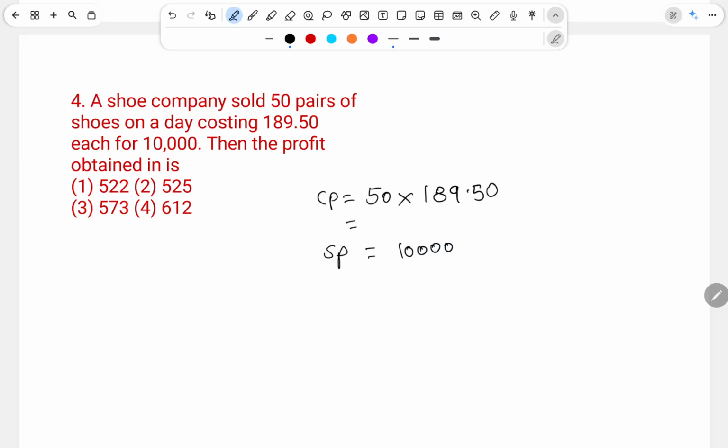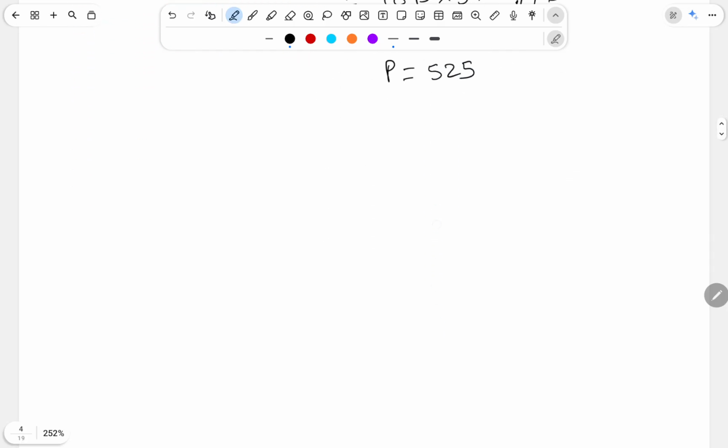Now how much will we get as CP? If 10 is there in 50, if I remove that, it can be written as 1895 into 5. 5 5s are 25, 2 carry, 5 9s are 45 plus 2 is 47, 4 carry, 5 8s are 40 plus 4 is 44, 4 carry, so 9475. The difference of these both will be profit. So 10,000 minus 9475 is 525.